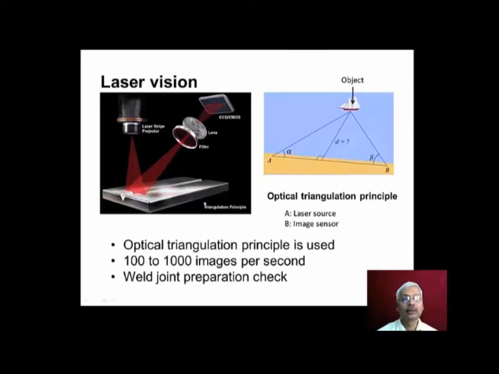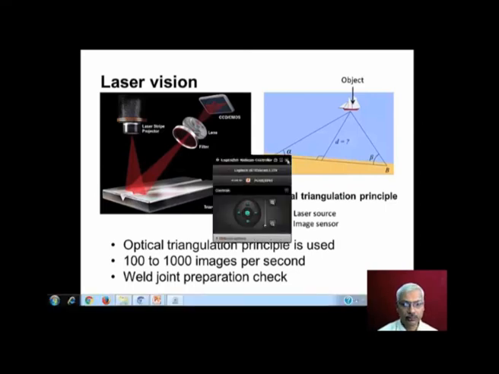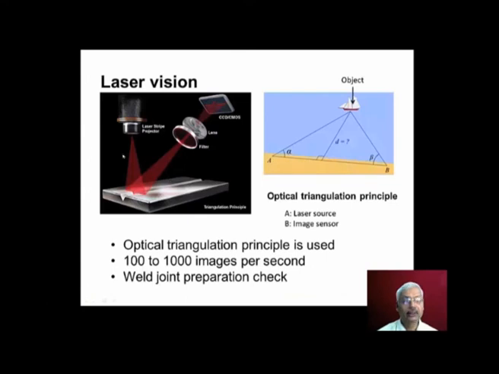The laser vision setup is schematically shown here. This is the workpiece to be inspected. We have a laser source, and then the filter, lens, and then this is the image sensor, CCD or CMOS is used to sense the image.